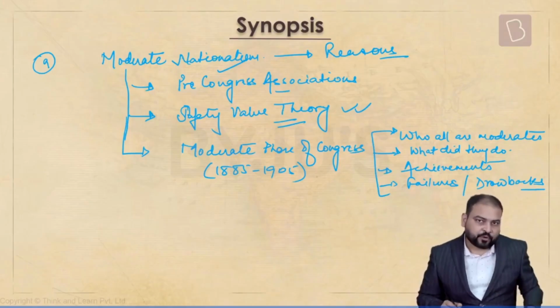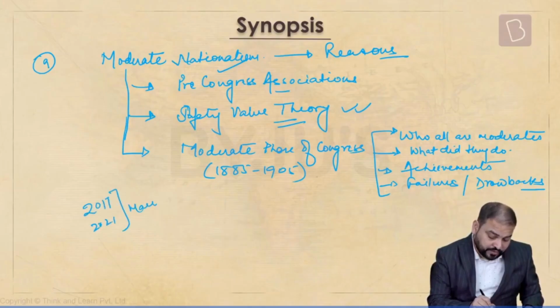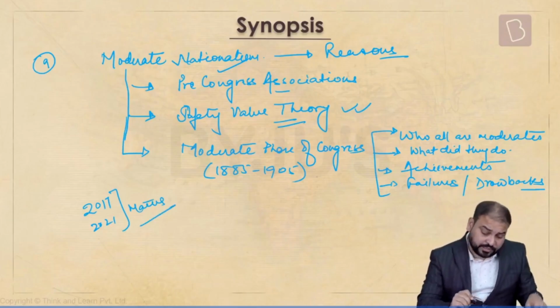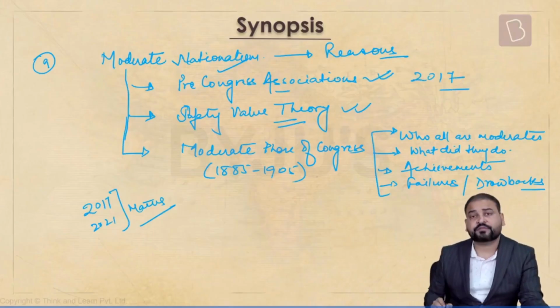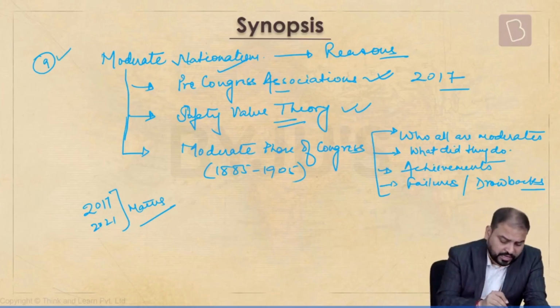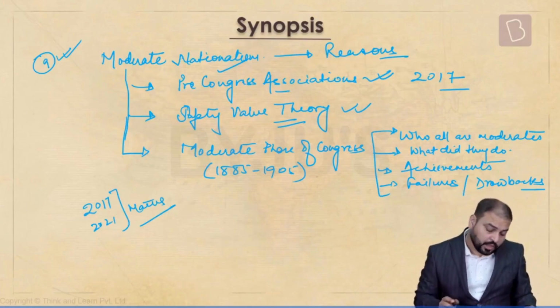Of late, very, very important chapter. Continuously questions are coming. 2017, 2021, mains questions have come based on their demands and their failures. Similarly, prelims questions have come from pre-Congress associations in 2017. And apart from this also, there have been questions. So overall, last few years, this has become an important chapter.